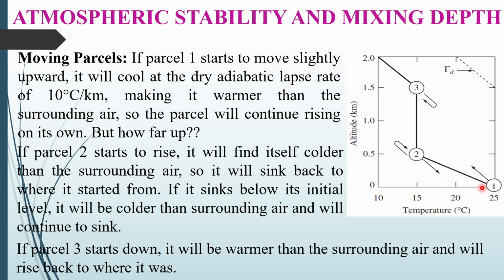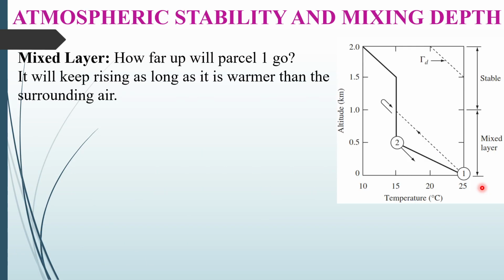Now we come to the parcel at level 1. So how far will parcel 1 go? It will go up and up, rising as long as it is warmer than the ambient temperature, but at that point the ambient temperature and the parcel temperature will be the same.